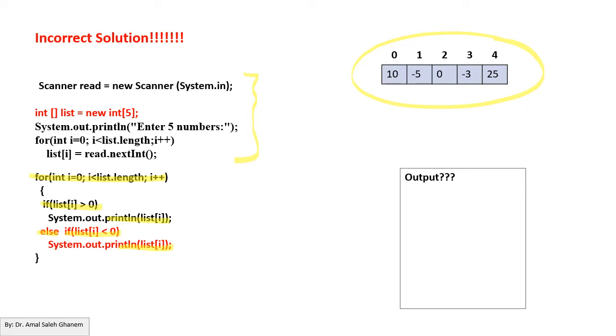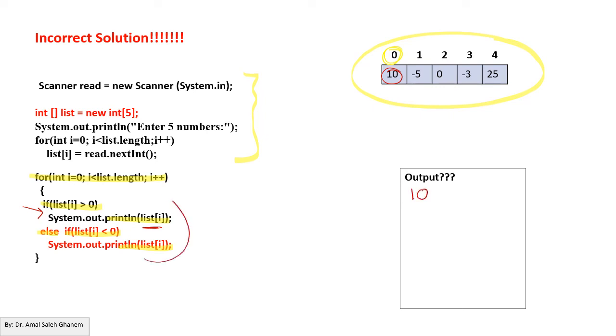If you do it this way, the execution of this statement will be as follows. Starting from location 0, let's check the number 10. So I'm going to the first if. Is it greater than 0? 10 is greater than 0, so let's do the output, and the first output we will have is 10.